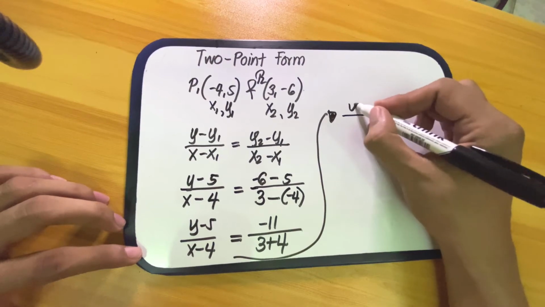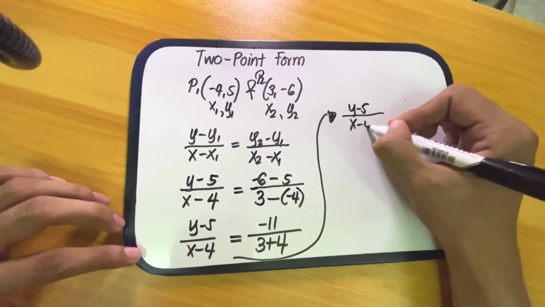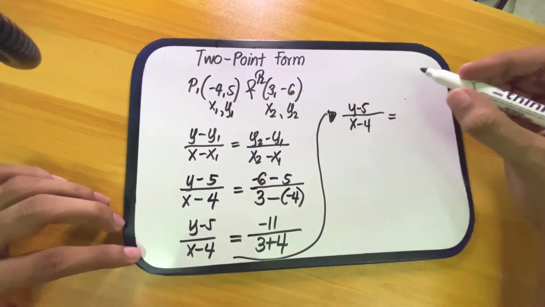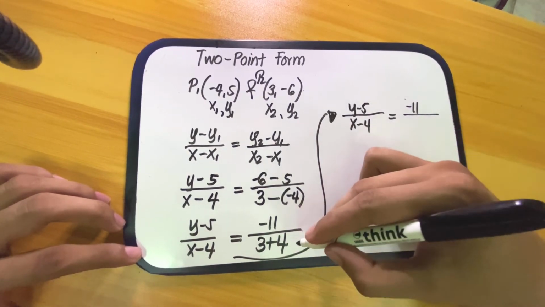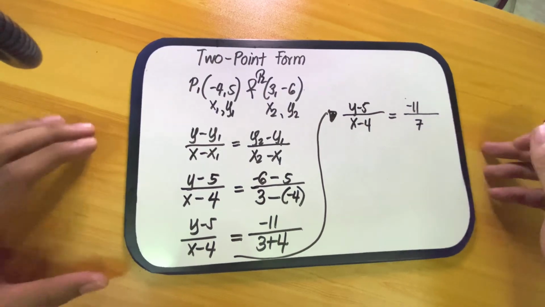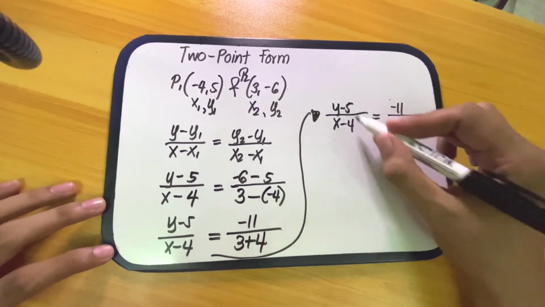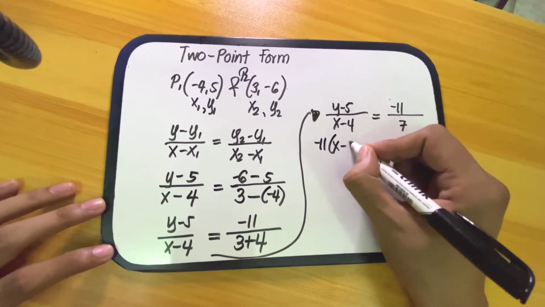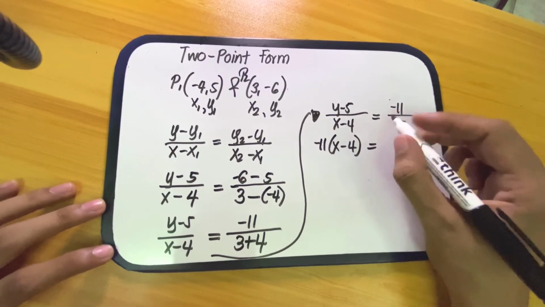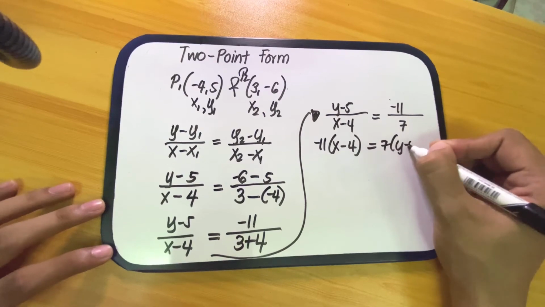So copy y minus 5, then x minus 4 equals negative 11, then 3 plus 4 is 7. Okay, then cross multiply. So negative 11 times x minus 4, 7 times y minus 5.